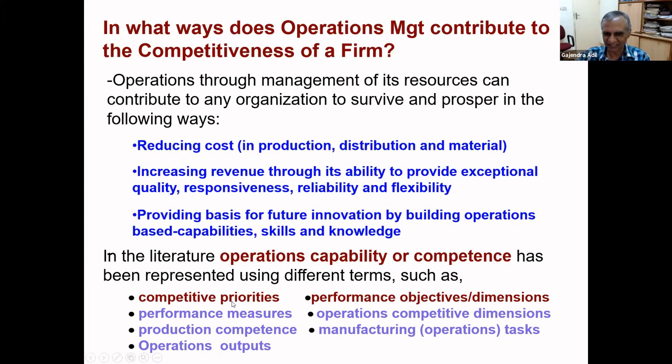They say competitive priorities, performance objectives or performance dimensions, performance measures. These are the areas. So basically, you can think of these as the metrics on which you judge your operations to contribute or perform well, because that is important.